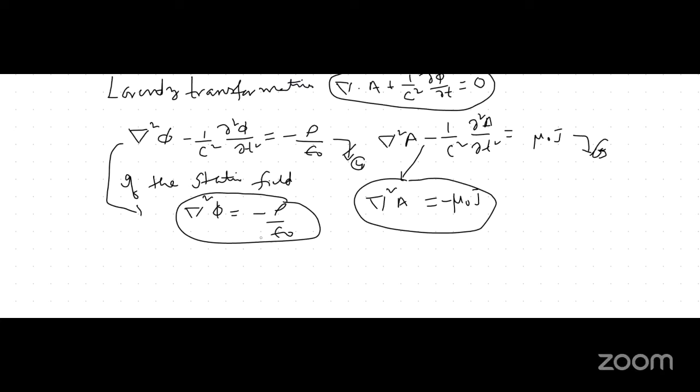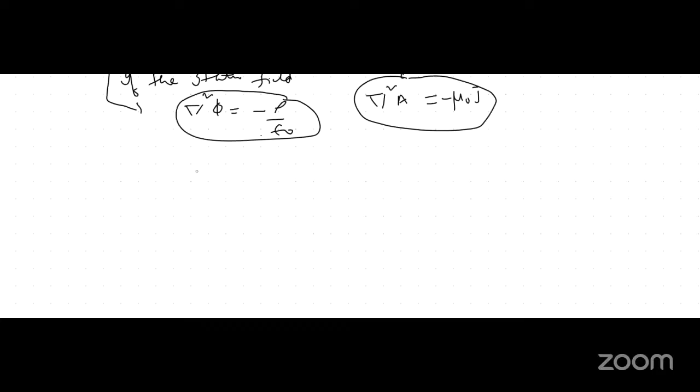Generally, the solution for phi in terms of r is 1 by 4 pi epsilon naught times the integration over a volume of rho of r dash by the distance R equals r minus r dash, times d cube r dash. Otherwise, we can simply write it as a volume integral.